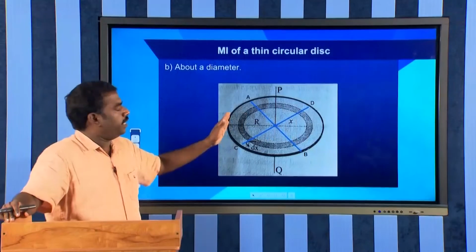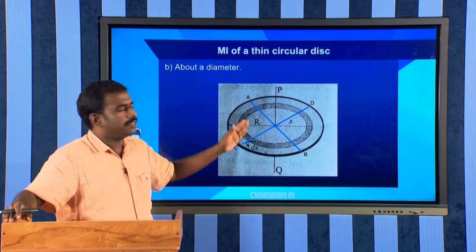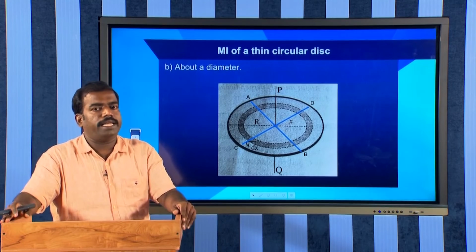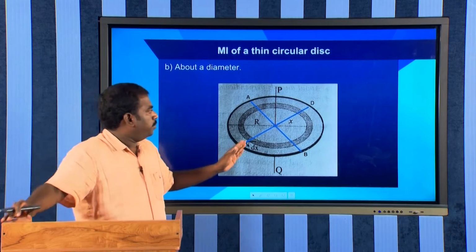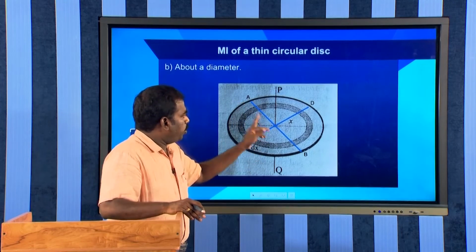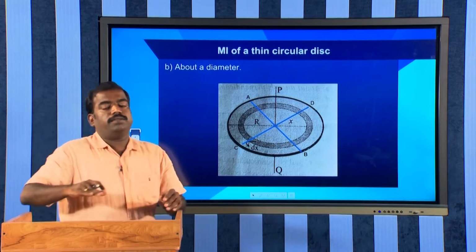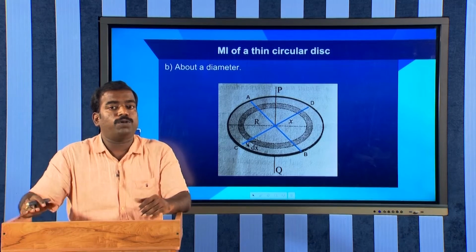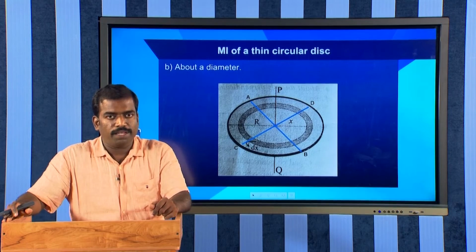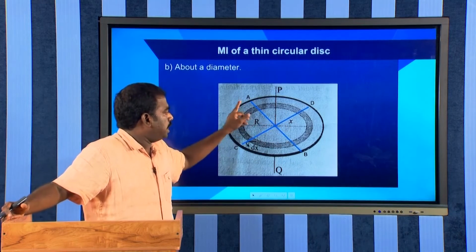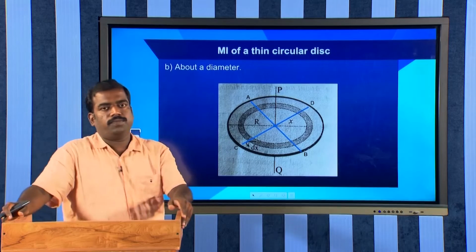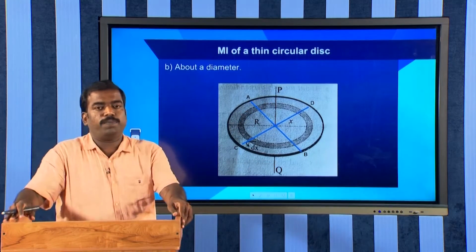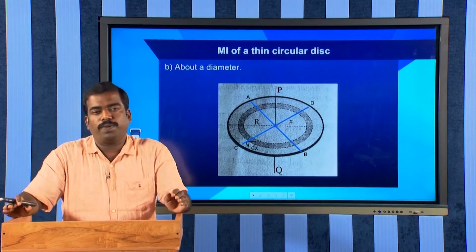Next, we need to find the moment of inertia of the disk about the diameter. We use the same steps. We consider two diameters, and since the disk is symmetrical about the diameters, the moment of inertia about all the diameters is the same. We consider two such diameters AB and CD, and we know the moment of inertia of the disk about PQ, the perpendicular axis, so we use the perpendicular axis theorem.